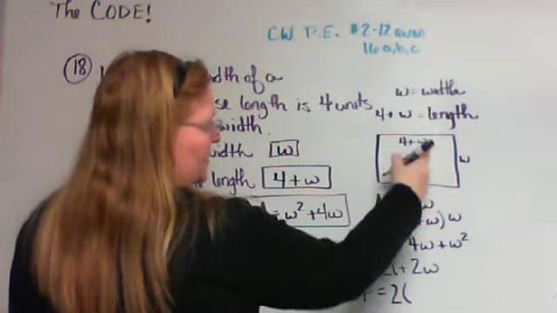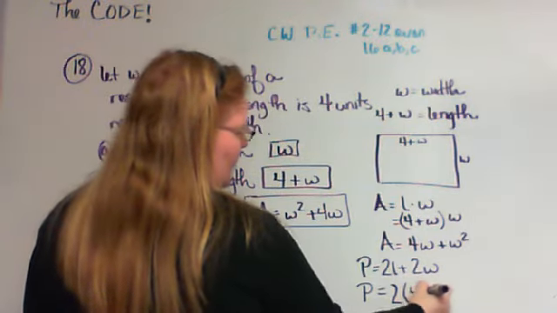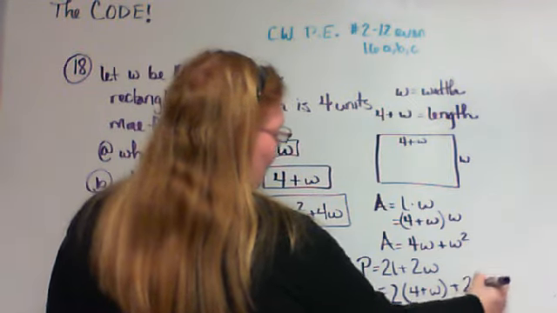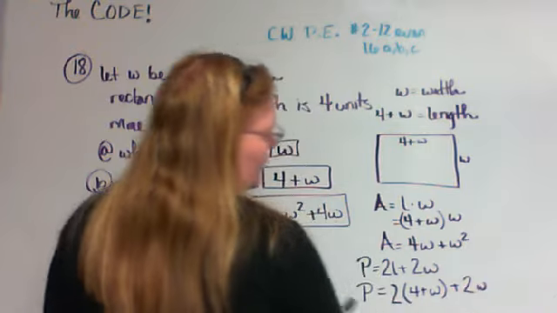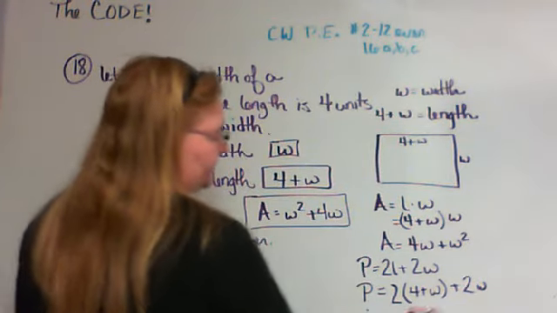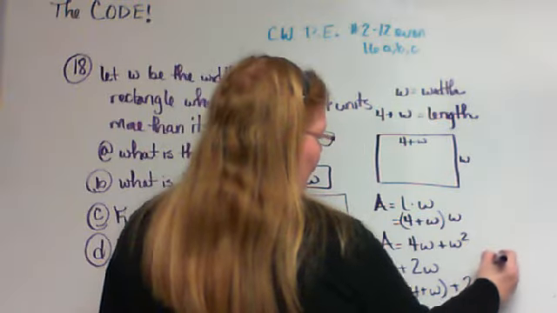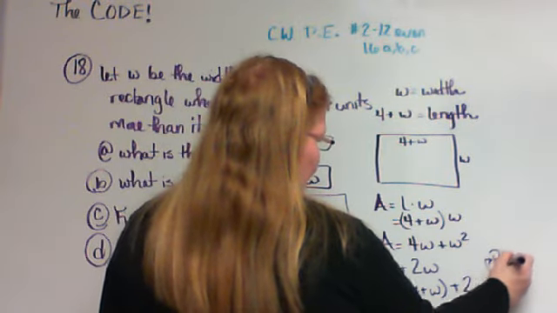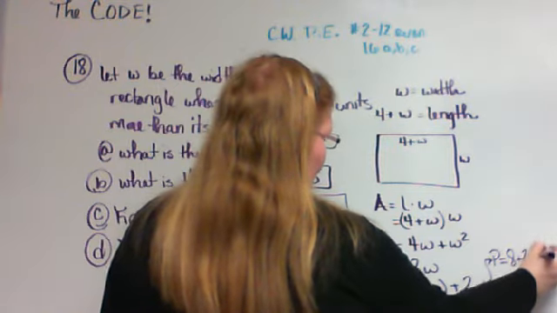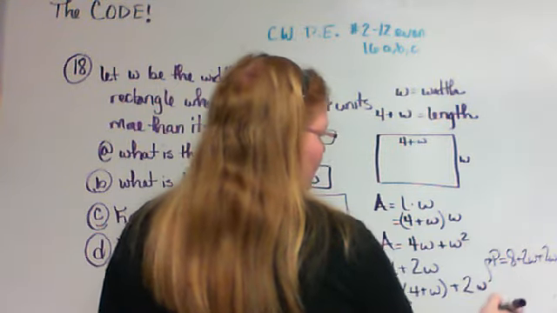L we said was 4 plus W, and our width we said we were just going to call W. So that means that P has to equal 8 plus 2W plus 2W.